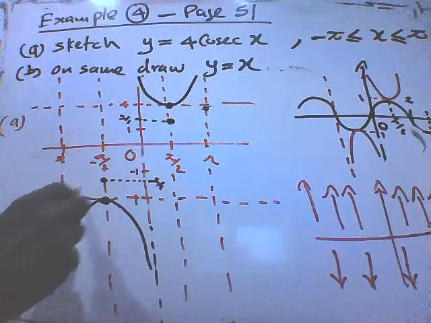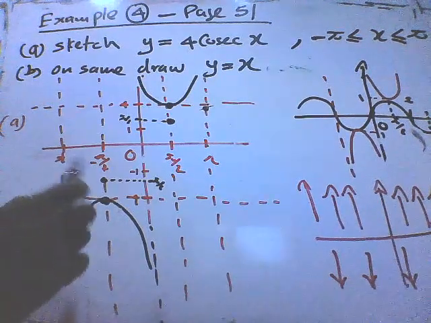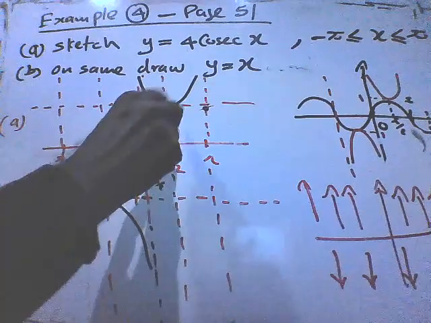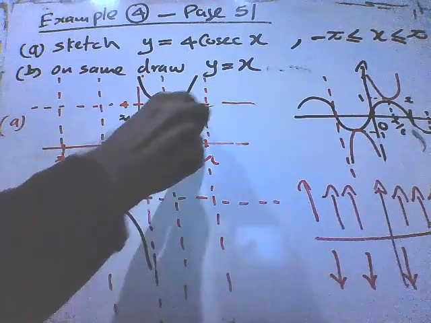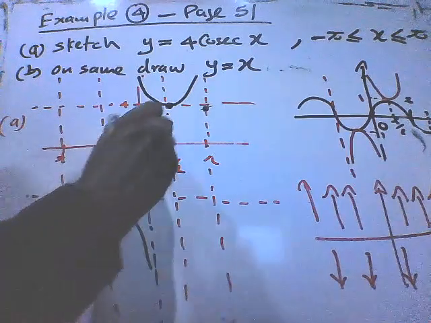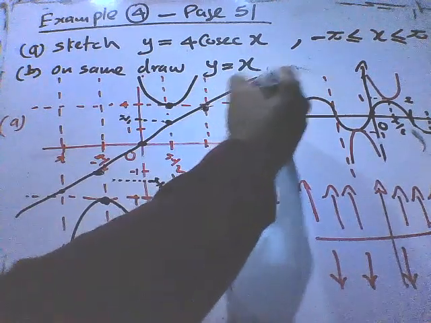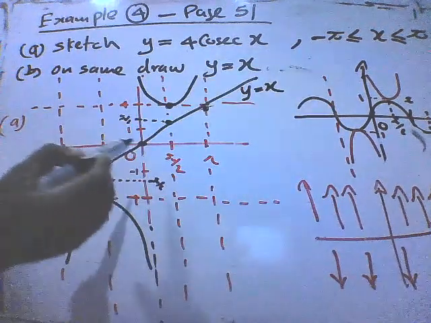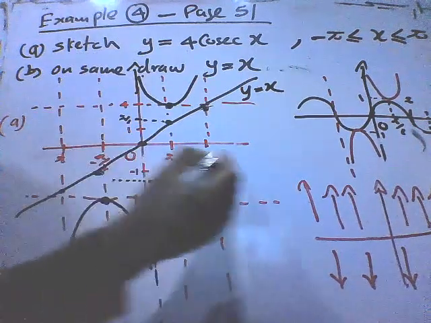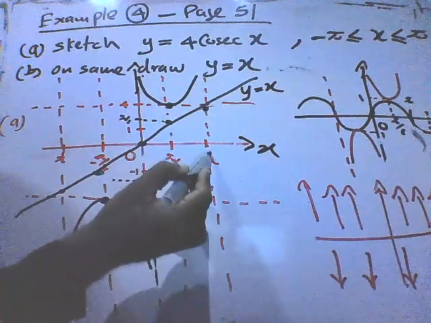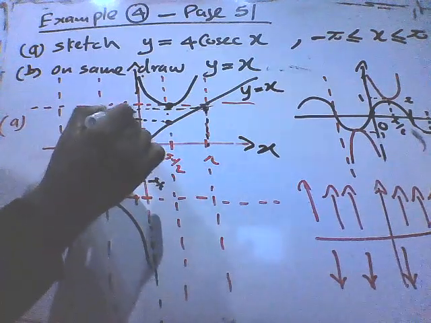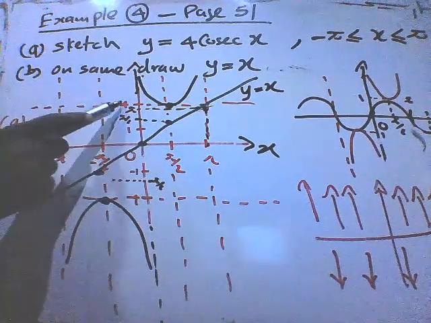And then roughly we will mark this straight line, roughly it will go like this. This is y equals x. So please draw the x in the Cartesian plane, also mark pi here, and show that it is smaller than 4.